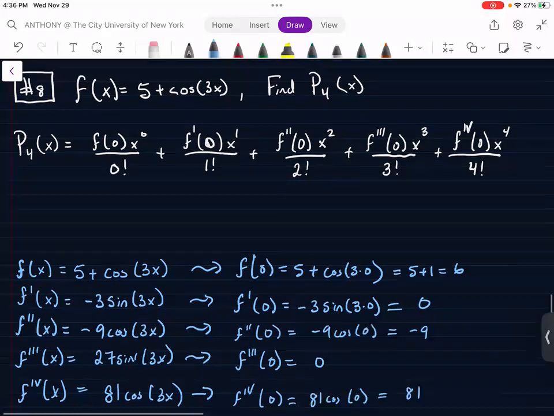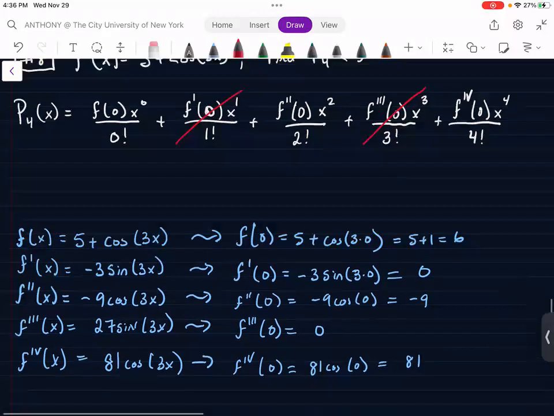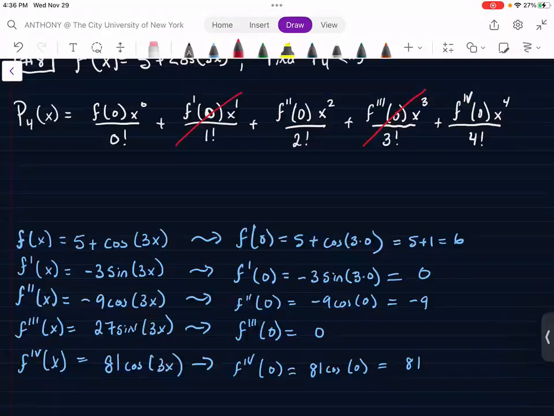So looking at this, all the odd derivatives, f prime and f triple prime, are going to be 0, so you can get rid of them. So what we have is the first term is going to be 6. The next term, for x squared, you'll have a negative 9, so it's negative 9 x squared over 2 factorial, which is 2.